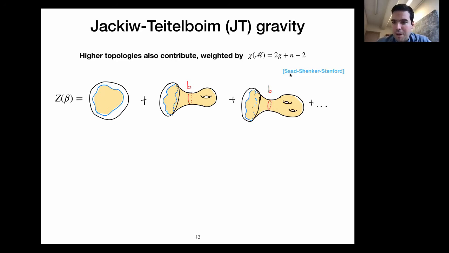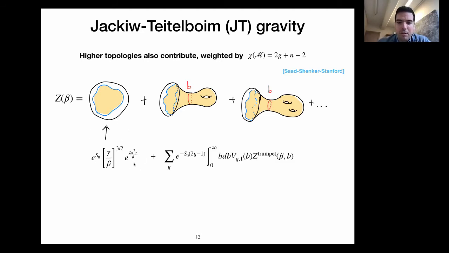By the way, I'm describing work by Saad, Shenker, and Stanford. Here you just have the path integral over the wiggles of the disk, which I showed on the previous slide. And then you can sum these various higher topologies by surgery, basically cutting and gluing. So the way it works is that for each genus, you cut the surface into a simple geometry, which is called a trumpet.